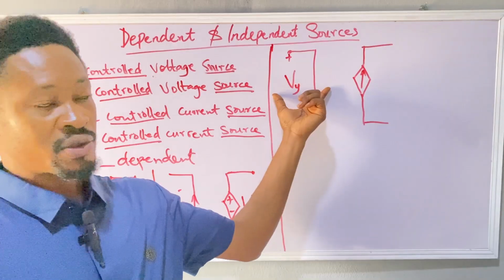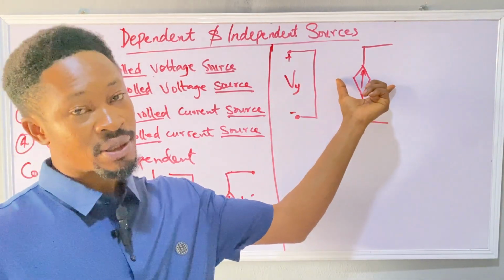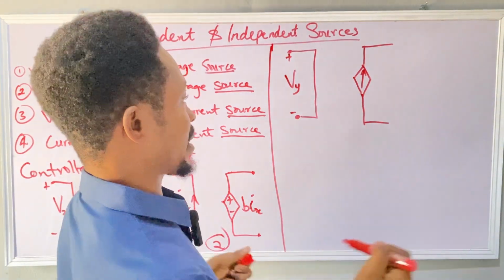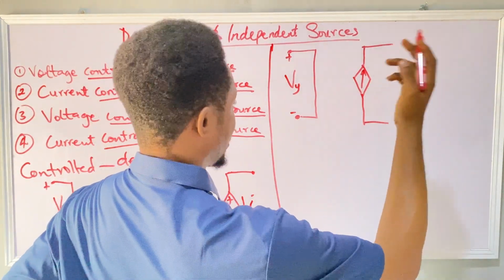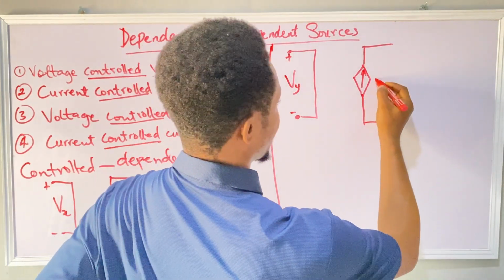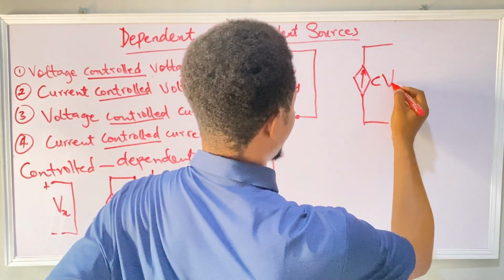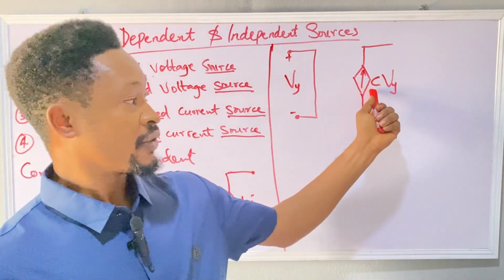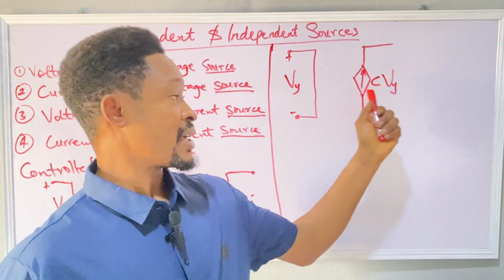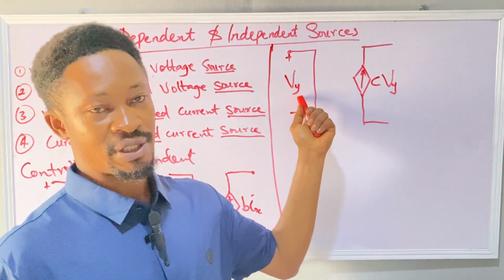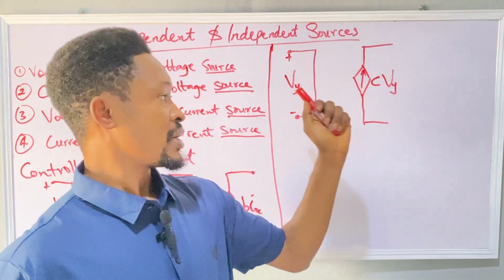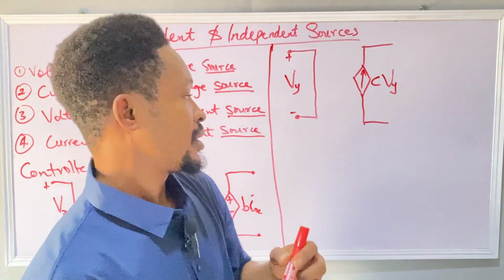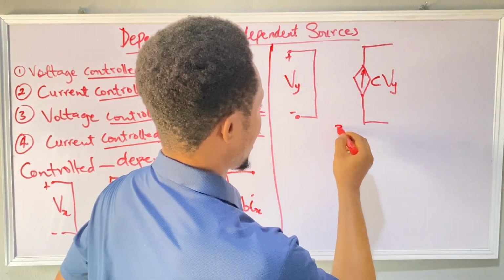The voltage in this circuit is Vy, and this is a source current. So this current is dependent on this voltage. Let's assume the value of the current here is C. So we can call this one CVy, which means the value of the current here is depending on the value of the voltage here. So this current source is being controlled by the voltage here. This is our number 3.